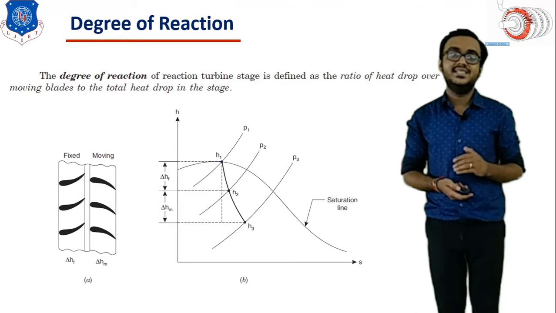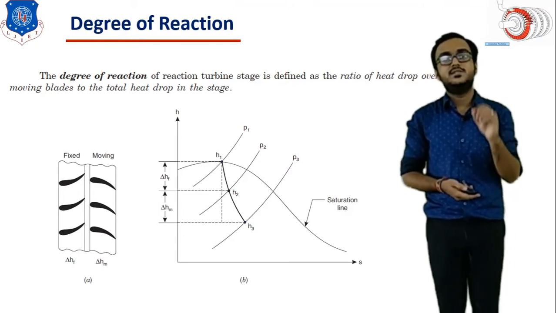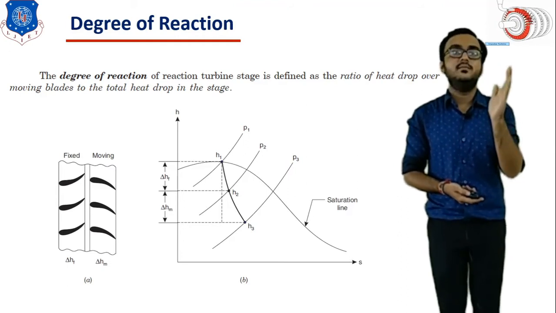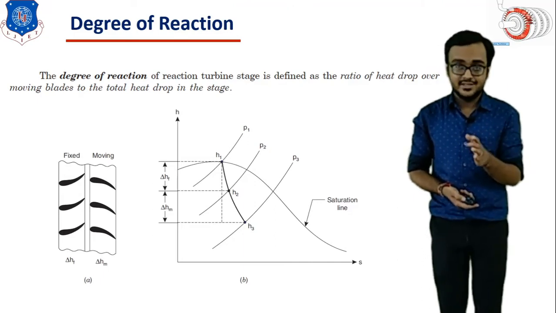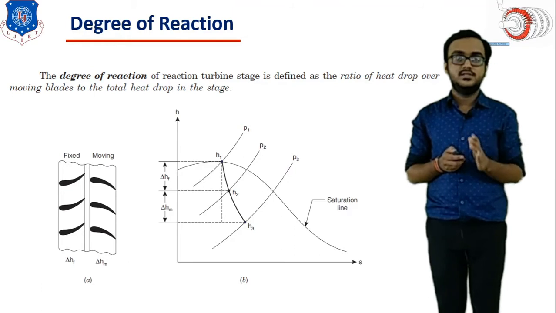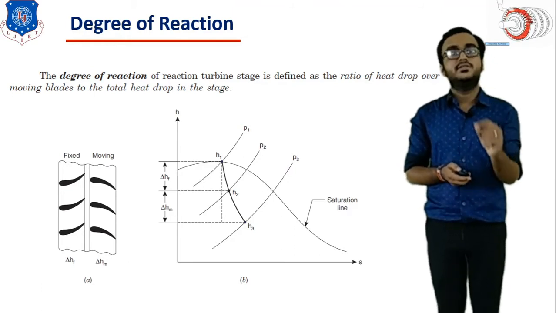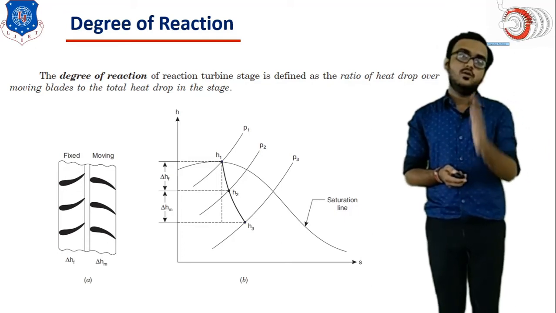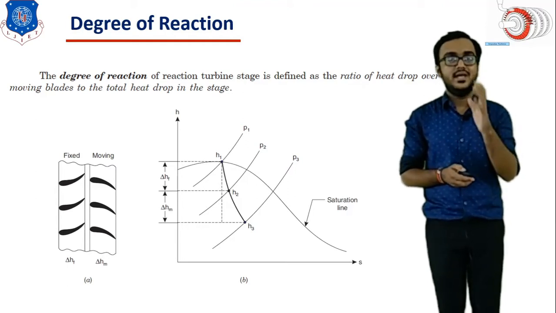Here you can see in the HS diagram we have one saturation line. Steam expands from the saturation line, and as the steam expands you can see the entropy increases in the actual process. But if we consider pure isentropic expansion, then entropy remains constant. But we need to focus on the actual path.